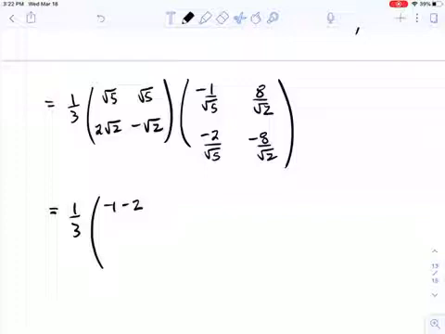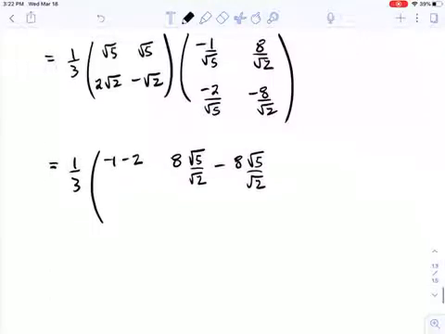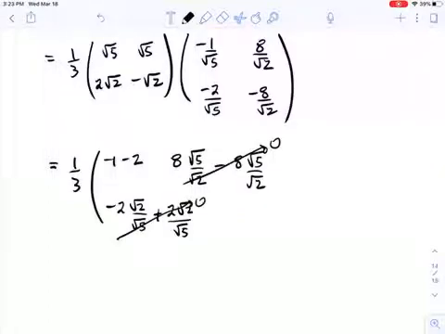And then we get 8 root 5 over root 2 minus 8 root 5 over root 2. Okay, so that's encouraging. Then we get a minus 2 root 2 over root 5, and then a plus 2 over root 2 root 5. Good. So this one we can see is 0, and this one we can see is 0. And so let's just hope that this last one works out.